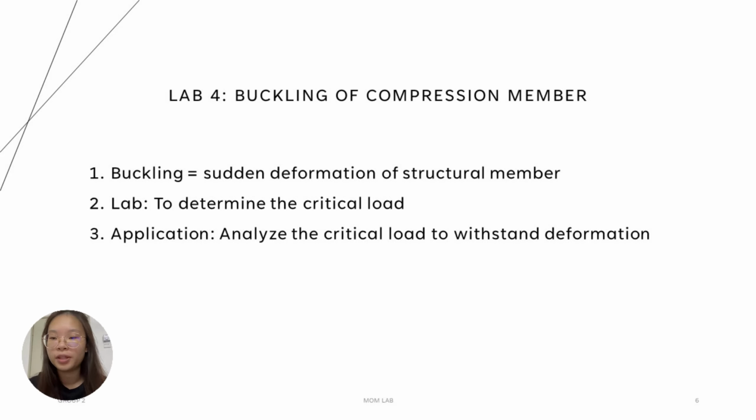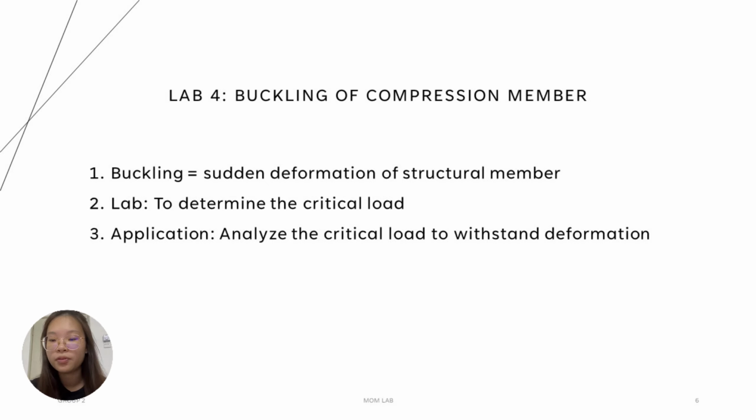For Mechanics of Material Lab number 4, we will be determining buckling of compression member. Buckling is actually sudden deformation of a structural member. Specifically, in this experiment, we will determine the critical buckling load of aluminium strut. The critical buckling load will be represented by PCR. In this experiment, there are 3 different end restraint conditions that we will be using, which are pin-pin, pin-fix, and also fix-fix.